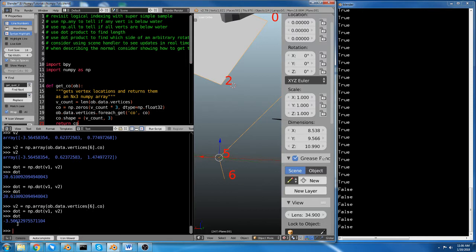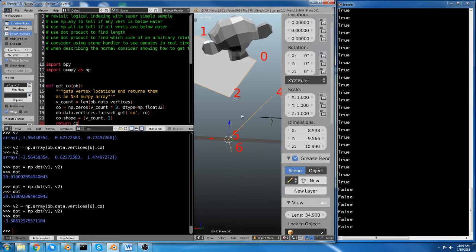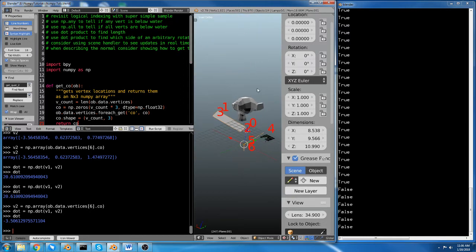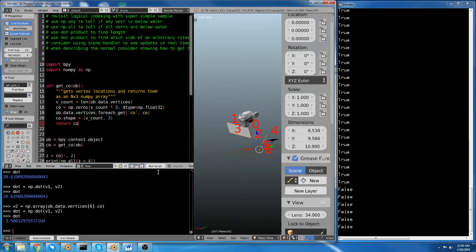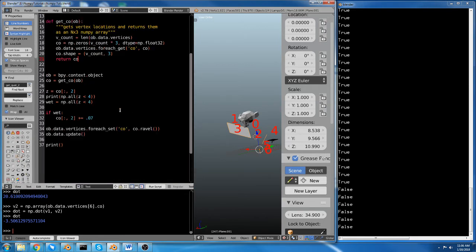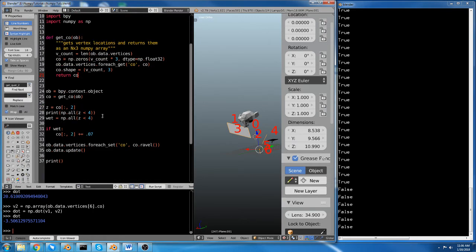So one of the simplest things you can do with the dot product is to figure out which side of a plane, an infinite plane, something is on. So let's just do that real quick with Suzanne. And this will take a little bit of thought. Hopefully I can go through it quickly and it'll make sense.